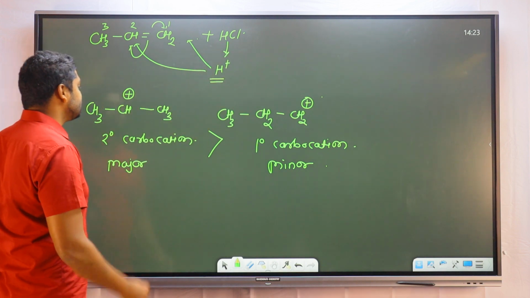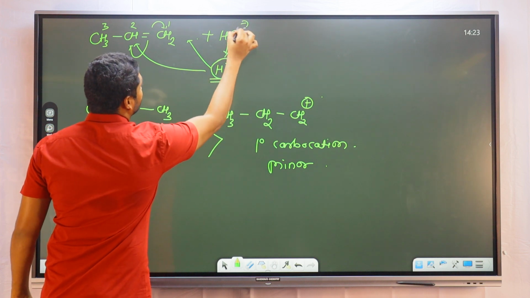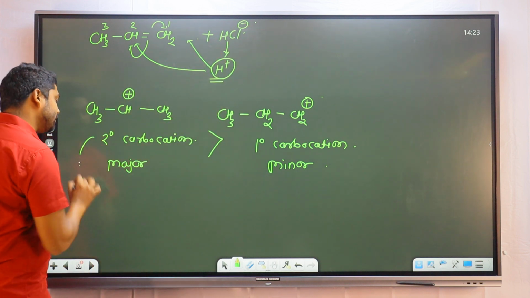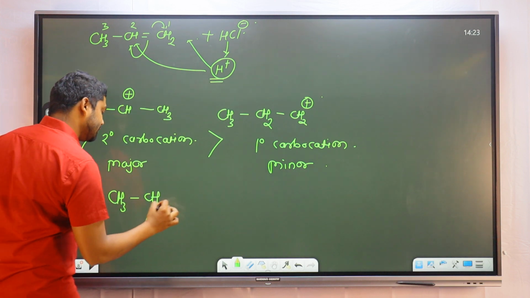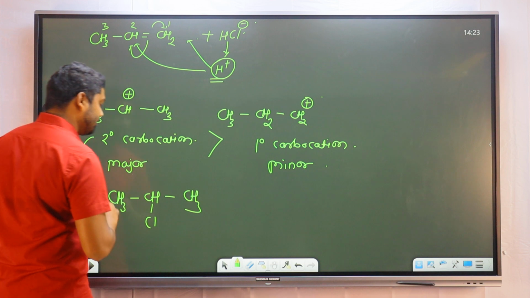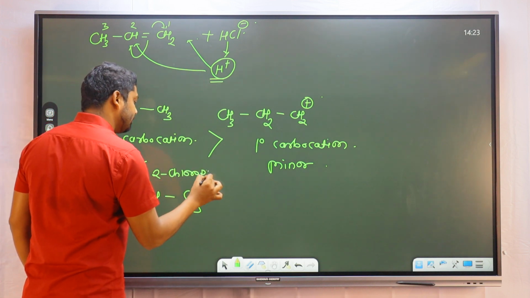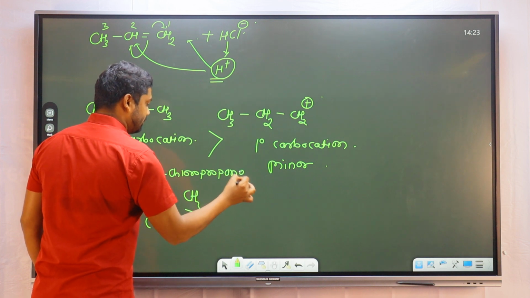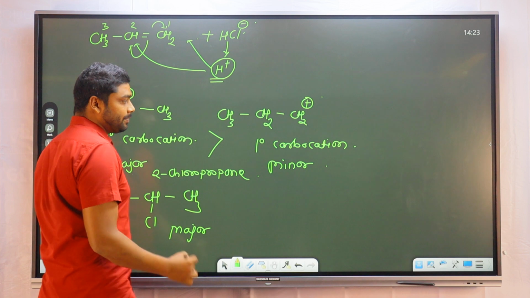Now it is the time for the attack of Cl minus. After the addition of H plus, we add Cl minus to the secondary carbocation, and this forms CH3 CHCl CH3. We call it 2-chloropropane, and as I told you, this is your major product.